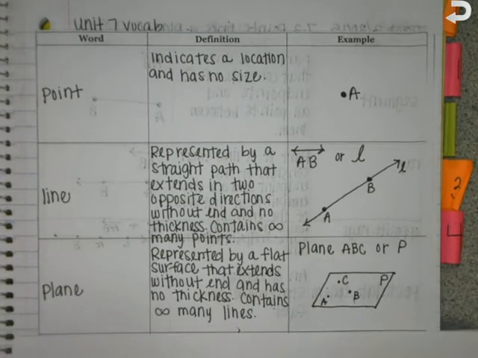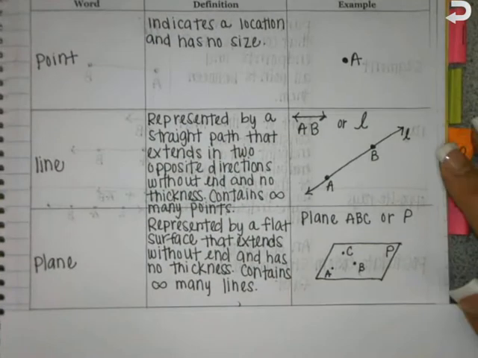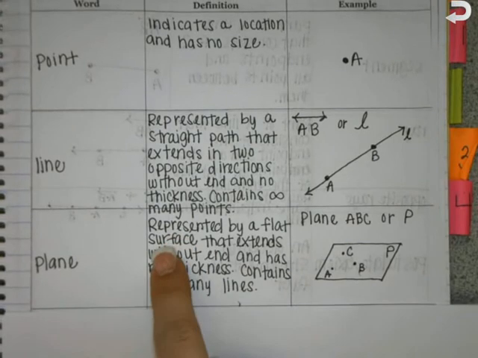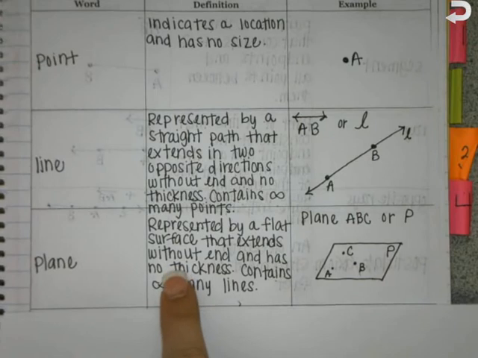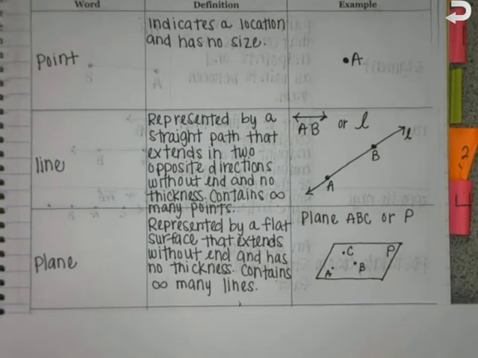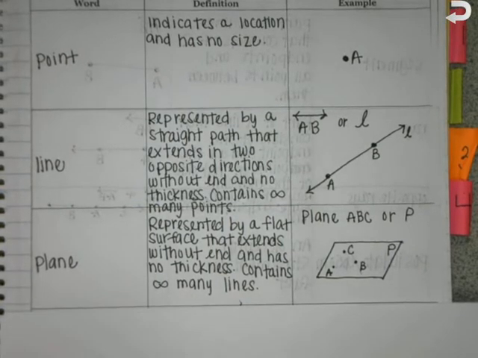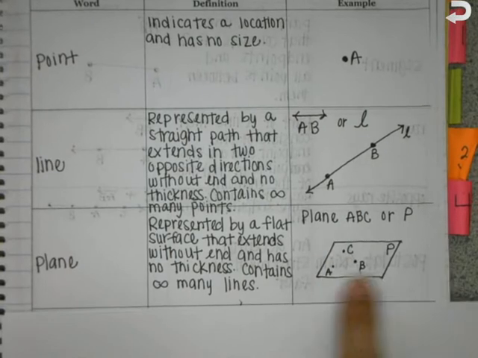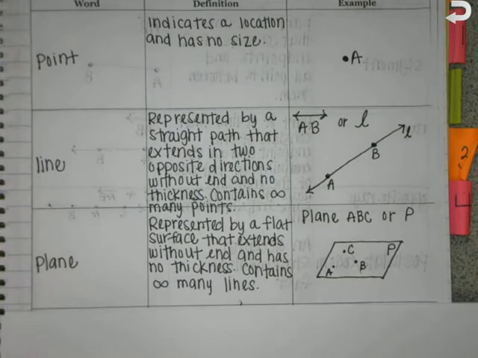Points and lines lie in what is called a plane. A plane is represented by a flat surface that extends without end and has no thickness. So it's just a flat surface that has no thickness and it goes on forever and ever as well. It contains infinitely many lines. So you can draw an infinite amount of lines in a plane. Usually when we represent a plane in geometry, we represent it by a parallelogram, which is kind of like a slanted rectangle.